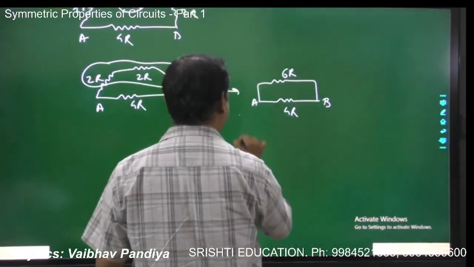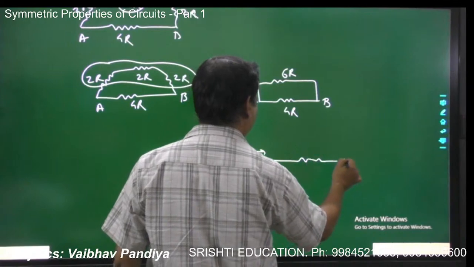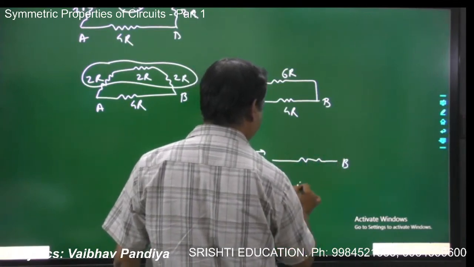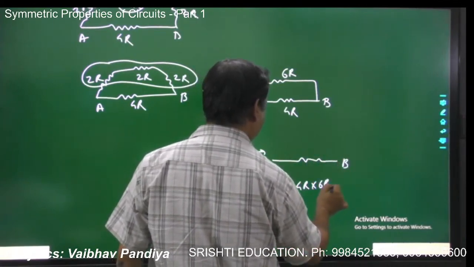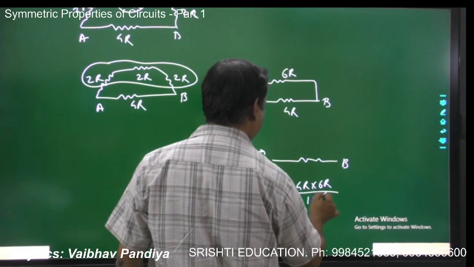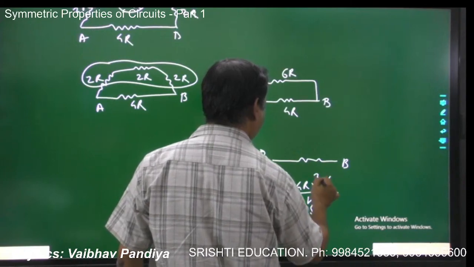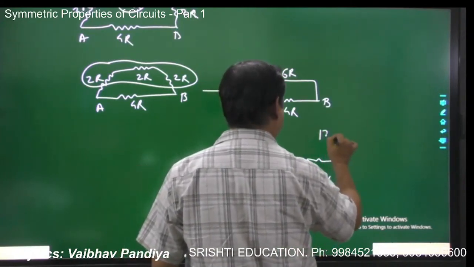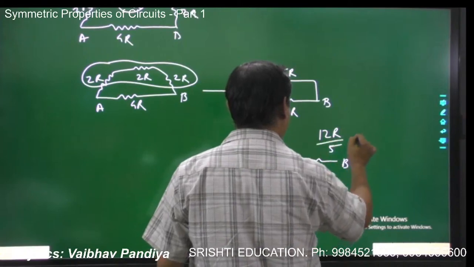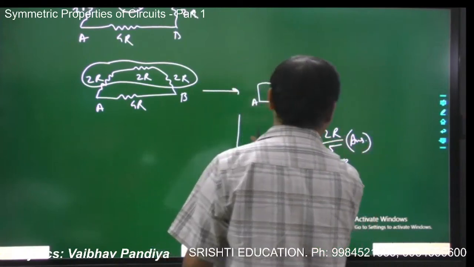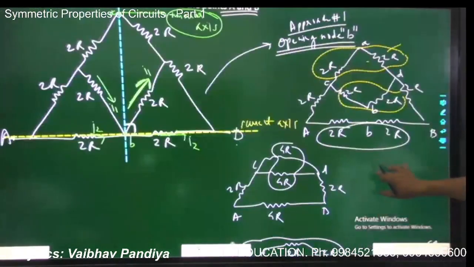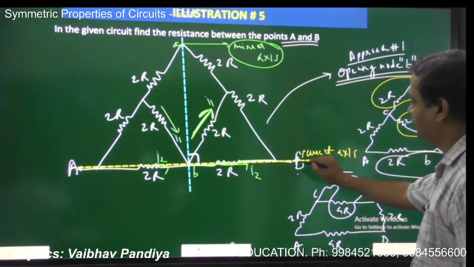Now these two are in straightforward parallel combination. So 4R into 6R divided by 10R. R will get cancelled away, 24 by 10 gives 12 by 5. So the answer will be 12R by 5. That is your answer of the equivalent resistance between A and B.